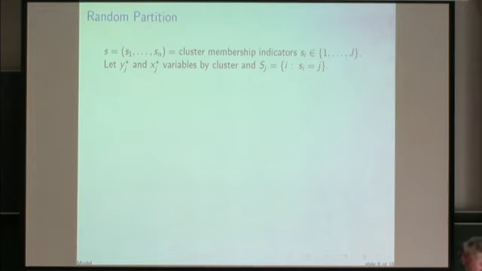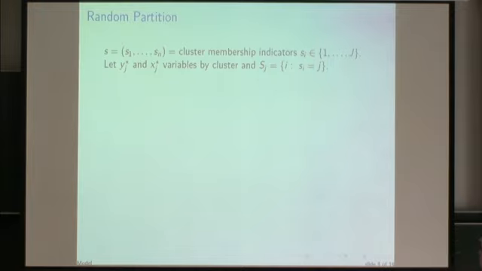We need some notation for the cluster arrangement. We need notation for the partition. It's convenient sometimes to define a partition by way of cluster membership indicators. If for each patient I tell you in which cluster the patient falls, then I have told you the clusters. Alternatively, I could specify the clusters as a family of subsets that better be non-overlapping and the union cover the entire space.